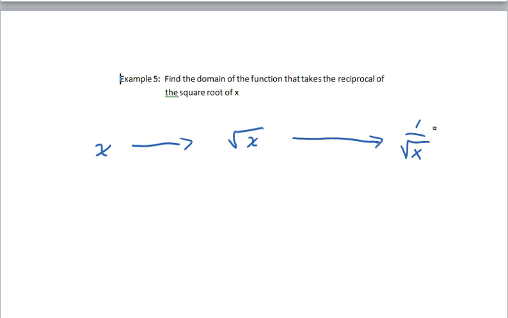In the first case, we have a restriction here because the domain for the square root function is x greater than or equal to 0. In the second part, we also have a restriction because in order to take a reciprocal, the square root of x cannot equal 0.